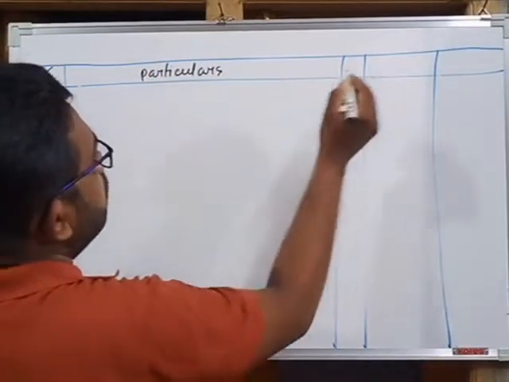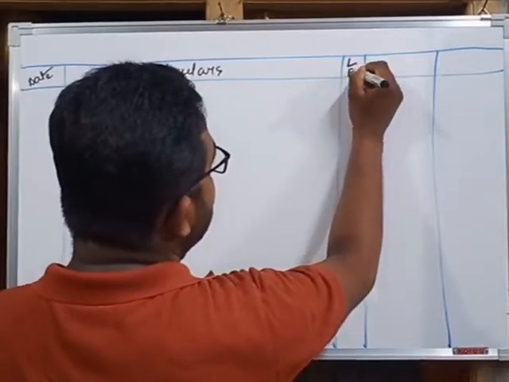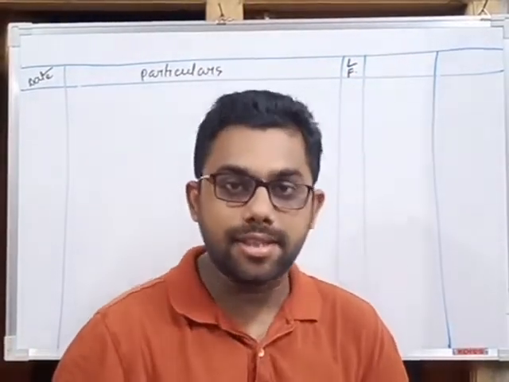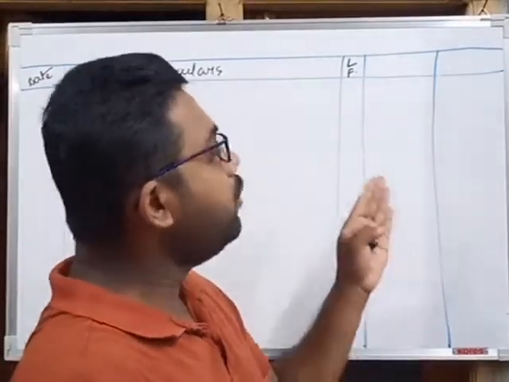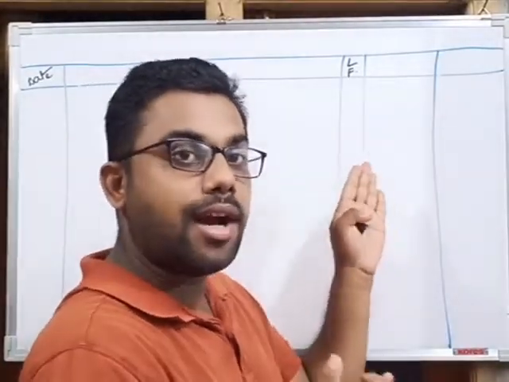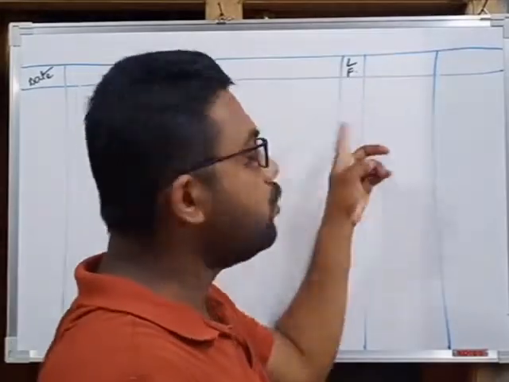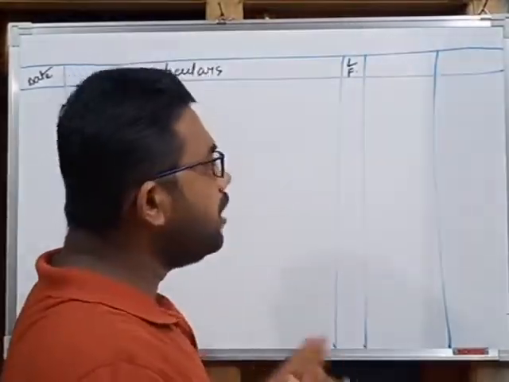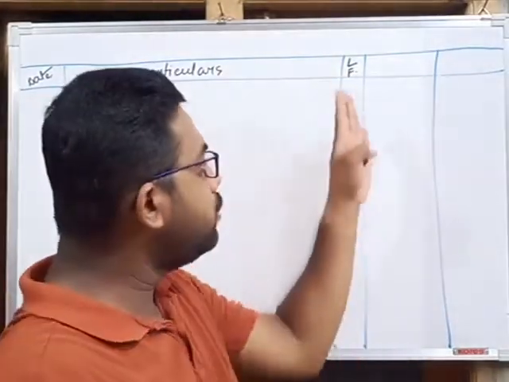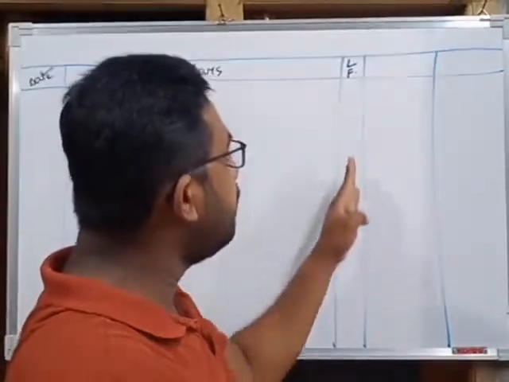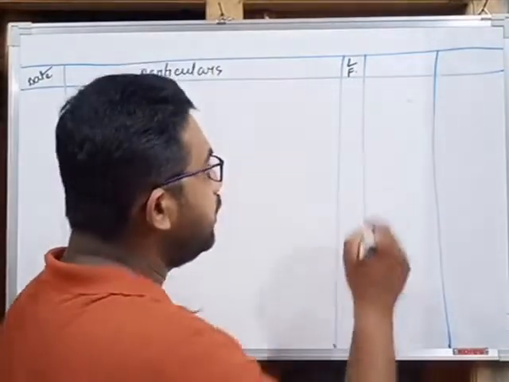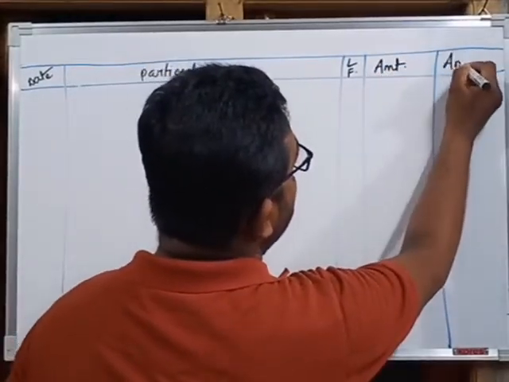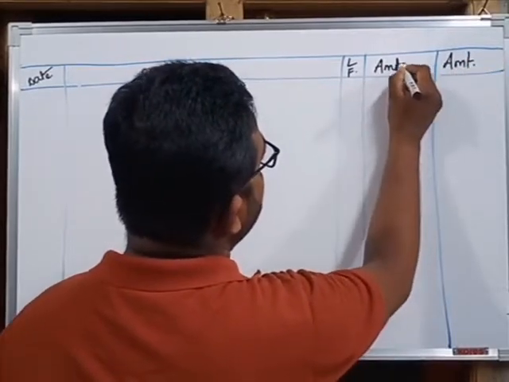This one is the LF, that means ledger folio, because from journal we have to record these transactions in the ledger. When we record these transactions from journal to ledger, then we will use this column, and otherwise we will not use it. In our practical journal we don't use this column, but as it is part of the format, we have to show it. Next one is the amount, and this is also amount. Okay, so we can write it in full as amount.